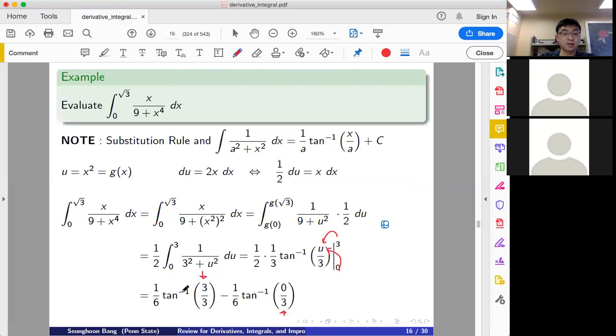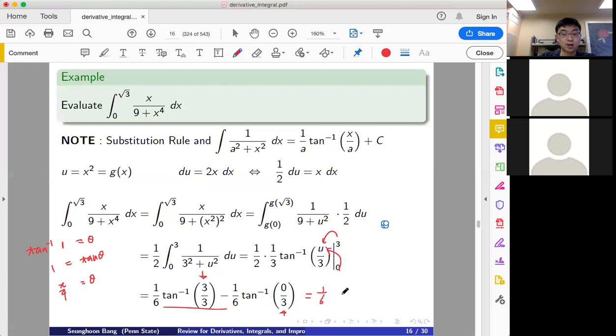So what is inverse tangent of 1? This is an unknown value theta. You can use the relation between the inverse and the original function tangent. 1 equals tan theta. What's angle theta? Angle theta is pi over 4. So here, 1 over 6.